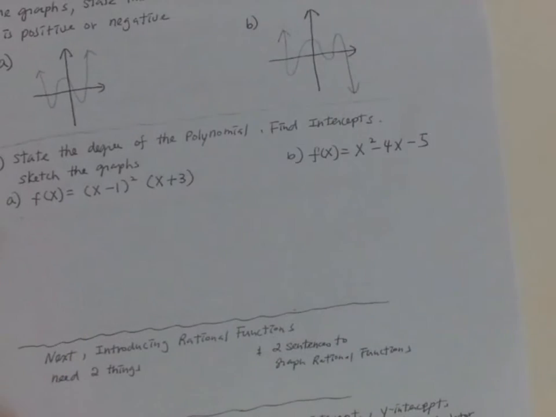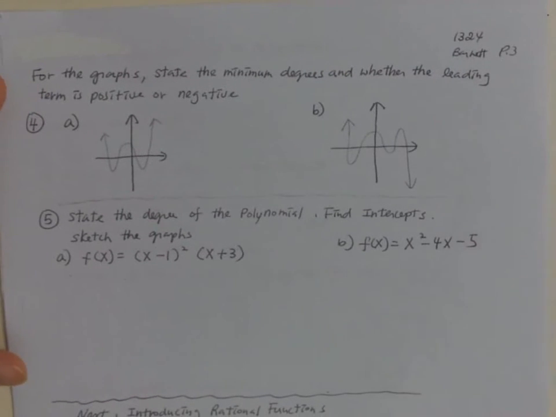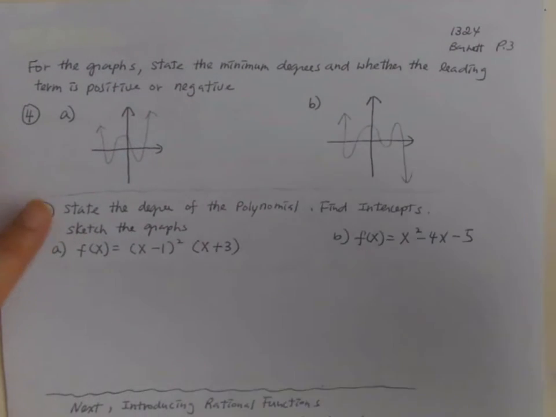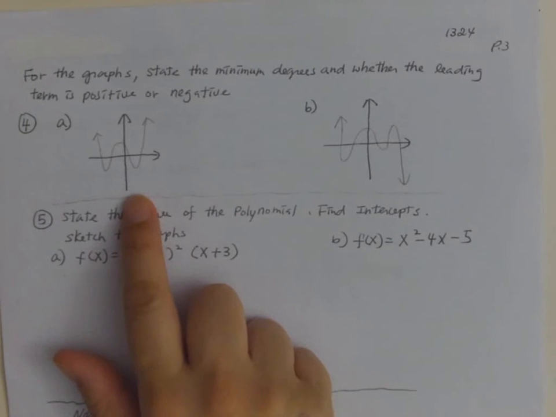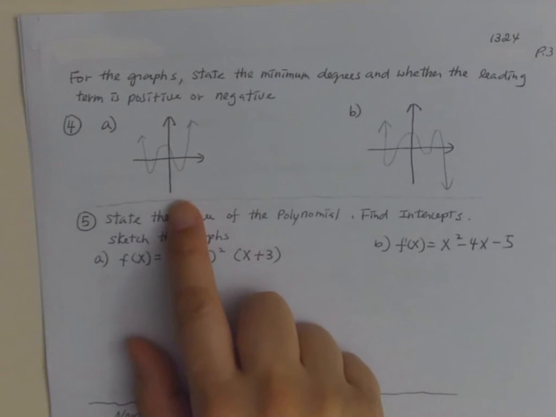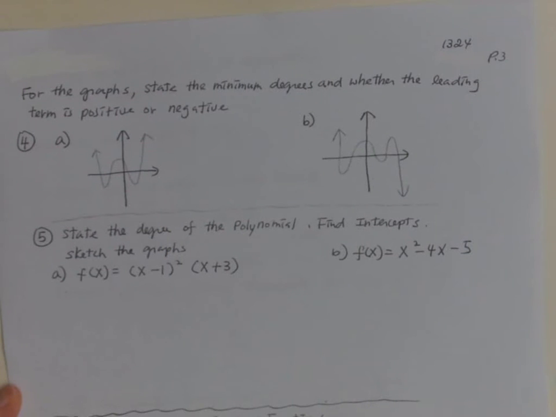Ready? Anytime it is too fast, you're welcome to pause the video and rewind. Okay, let's look at these 2 pictures. From the graph, they want to know the minimum degree and whether the leading term is positive or negative.